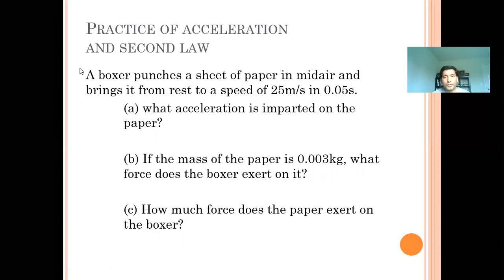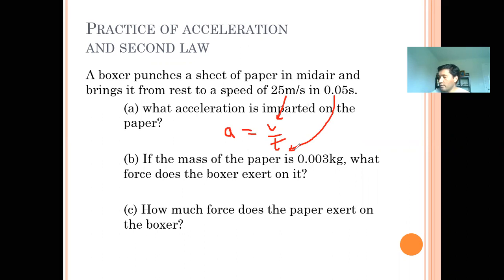Okay, let me do this one for you, then it will be easier for you. It is asking for acceleration. Velocity is given here, v divided by t. So velocity is 25, and time is 0.05. If you put these values, I am doing the calculation like 25 divided by 0.05.